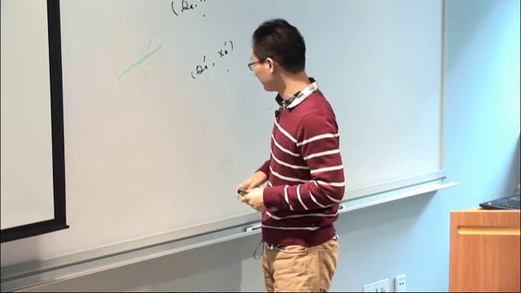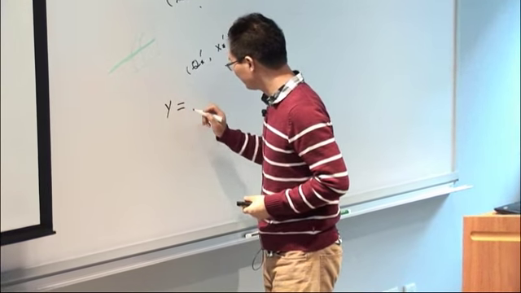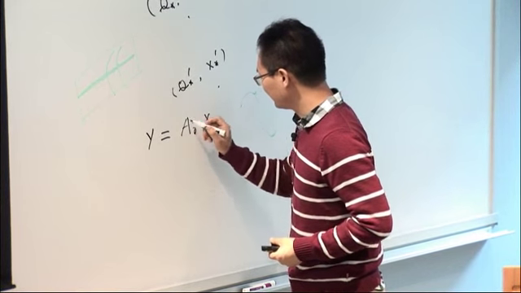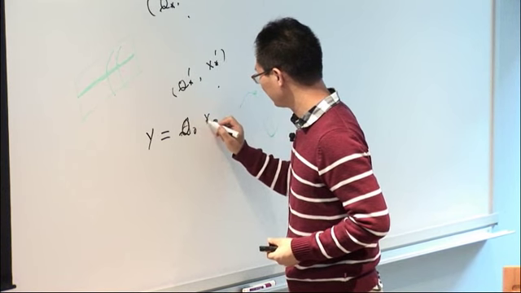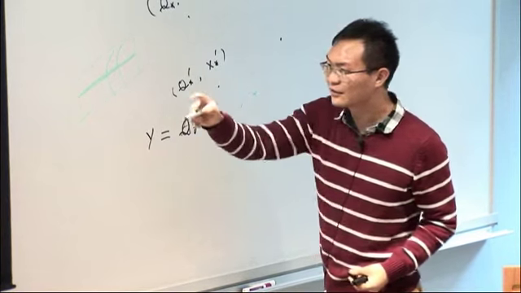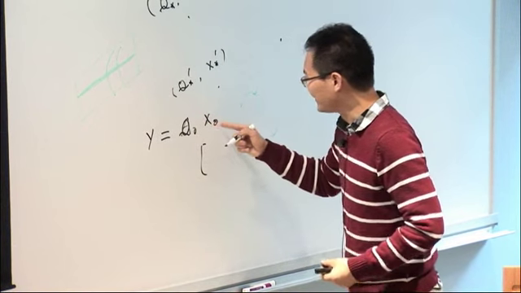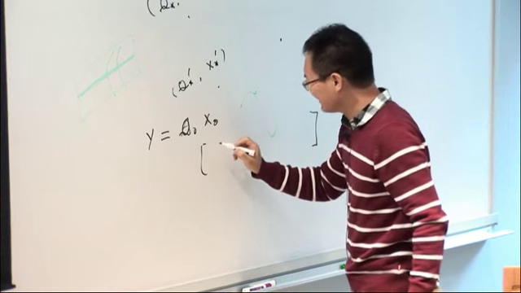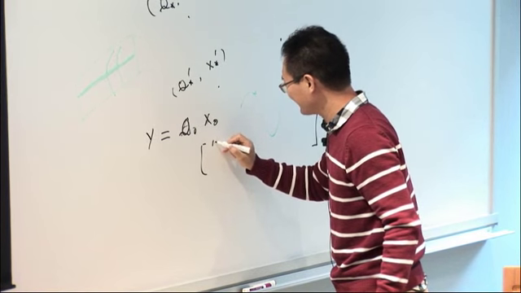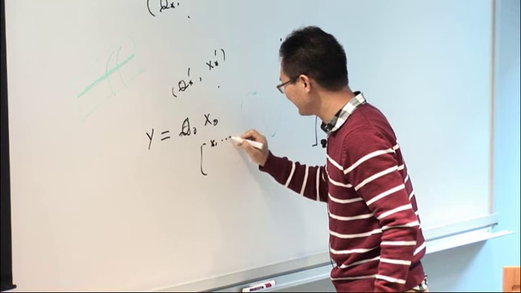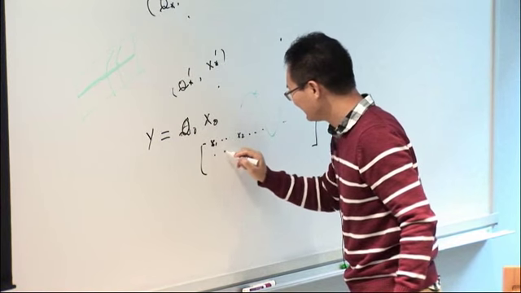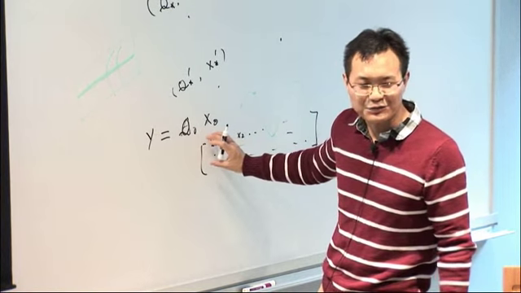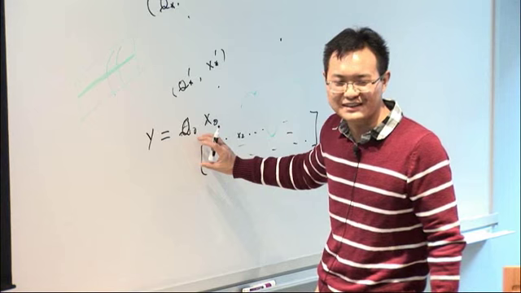So remember our y is Q0 X0. Here is a case where this guy is infinitely long, and you get some value here, some value there. For R3, we only have three rows, right?